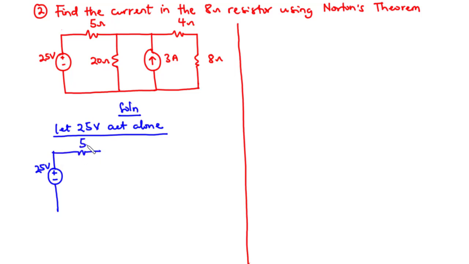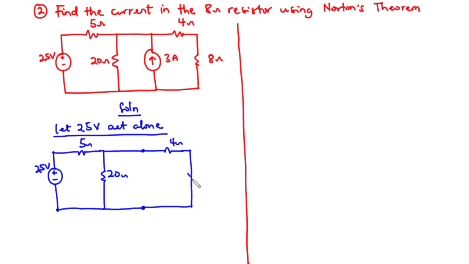We have the 5 ohms resistor. Also this 20 ohms resistor. We have the open circuit, 4 ohms, and then we are going to replace the 8 ohms resistor with a short circuit current, that is In. Now because we are considering the 25 volt source, we are going to label this as In prime.